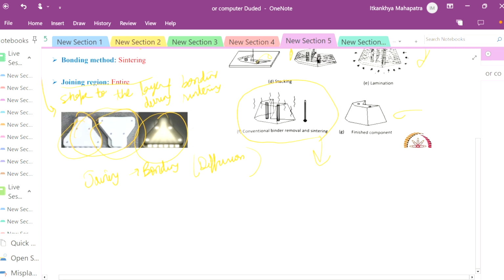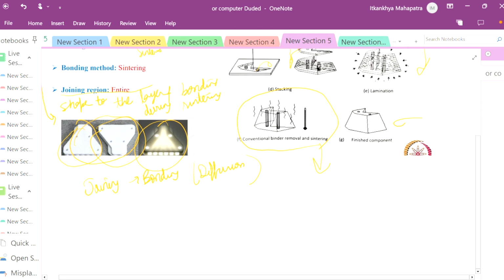I'll just write one more point for this. Here the layer resolution is 100 to micrometer.